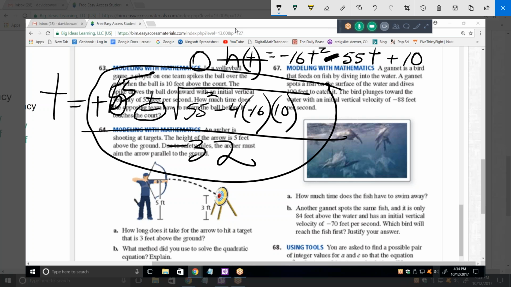Best way to do it is just to calculate both of them and then throw out the negative one. But it is different than the previous problem where we threw out the negative sign. This time we're going to throw out the positive sign because we need the negative sign to make the whole thing positive.